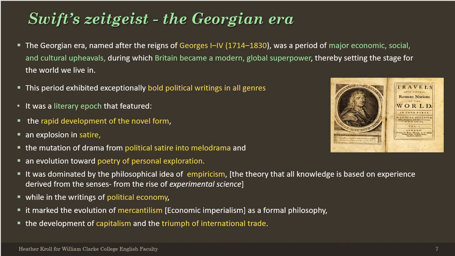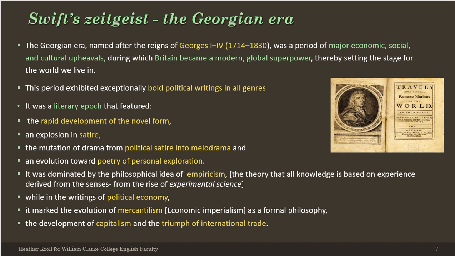And this set the stage for the world that we live in today and all the great travel routes and the exchange of ideas. And people in Britain at this time were actually very hungry for ideas. Only the middle class and upper class were educated, but society as a whole, their zeitgeist was one of intellectual hunger.